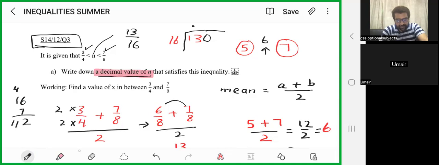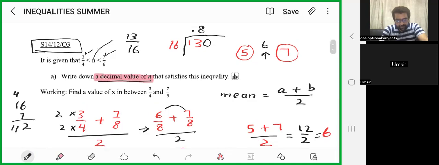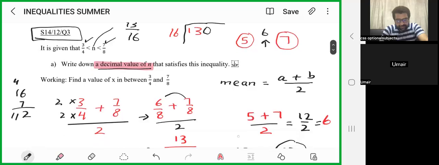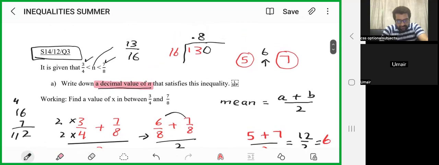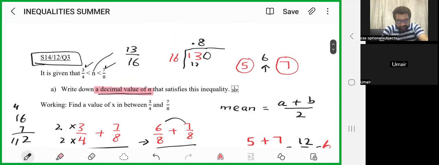It is 112. So I think 16 will be multiplied by 8. 8 6 times 48, 8 1 time 8 and 12, it's 128.